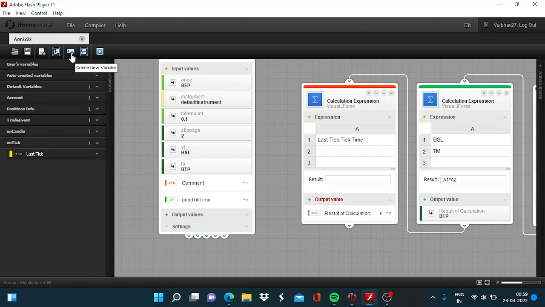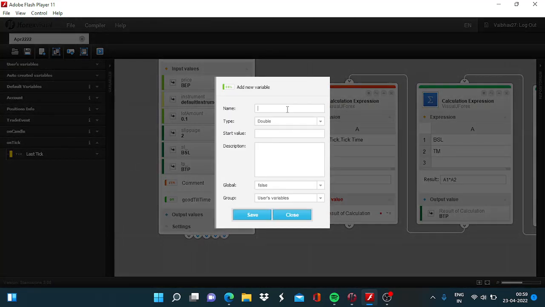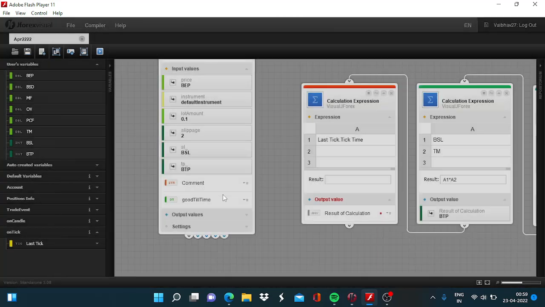I'm going to create new variable OV. It will carry the value of 3.6 million. All right.